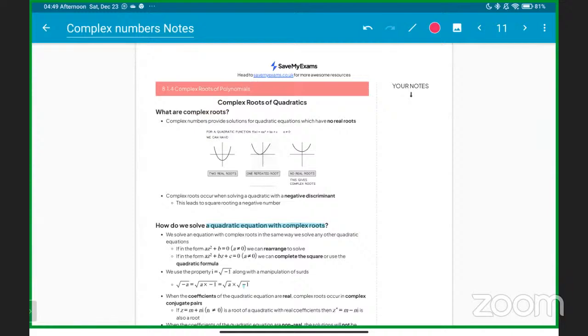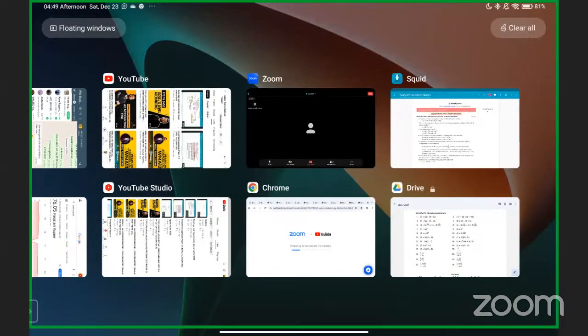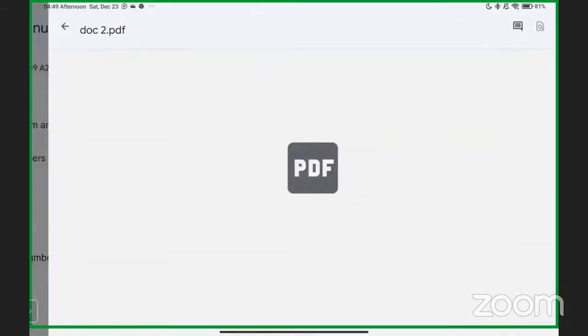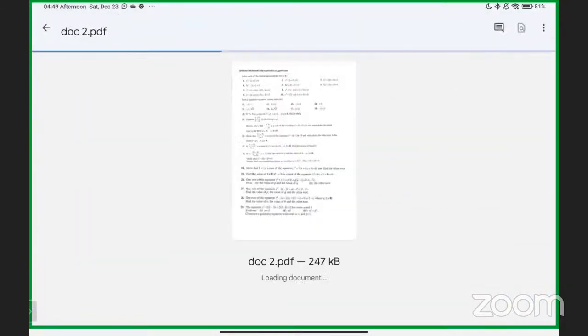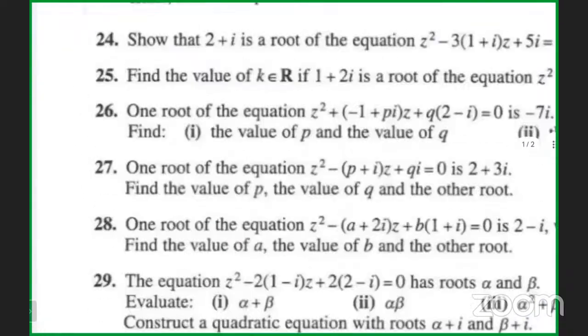Guys there? Understanding, everyone? Okay, so let me explain how we find the square root of it. That's what I'm going to do now. Square root questions.